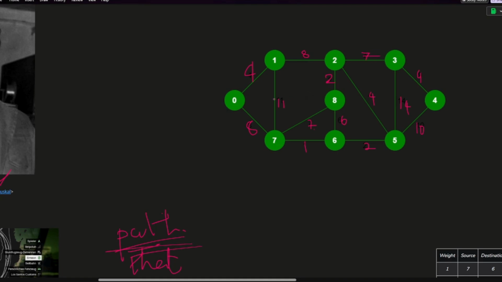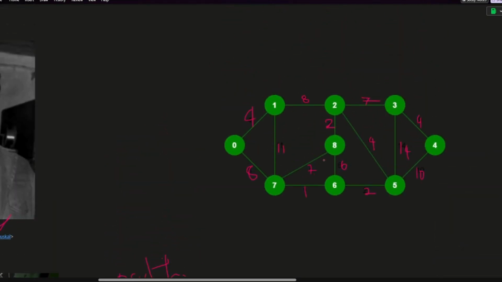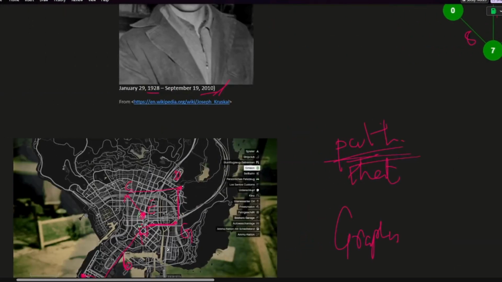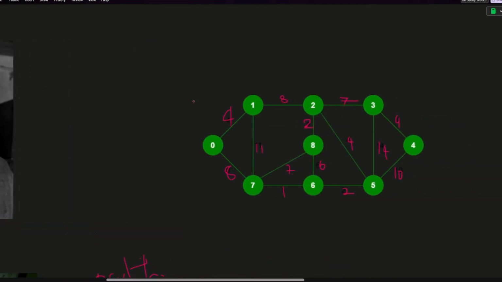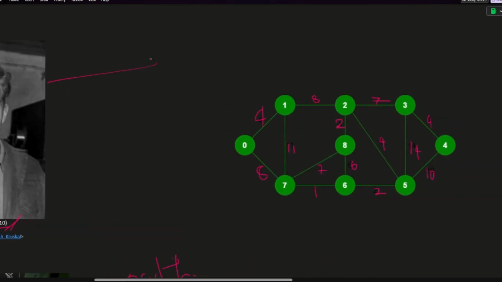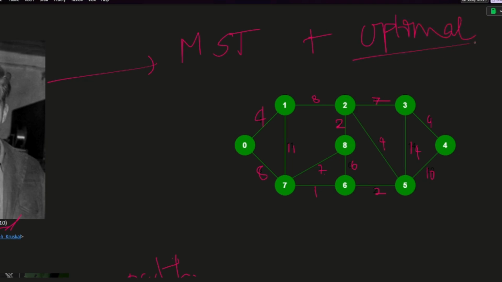But you have to find the path that would cost you the least total distance traveled. Kruskal devised this algorithm such that you have to form an MST, and don't worry, I'll explain what it is, in the most optimal approach. By optimal, it means the least cost. So what exactly is an MST?